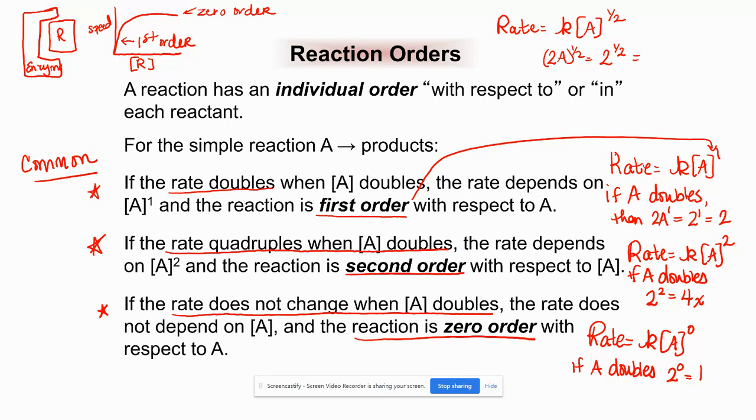Take 2 to the 0.5 and see what you get. 1.414. So what does this mean when the reaction order is a half? If you double A, the rate goes up 1.414 times.